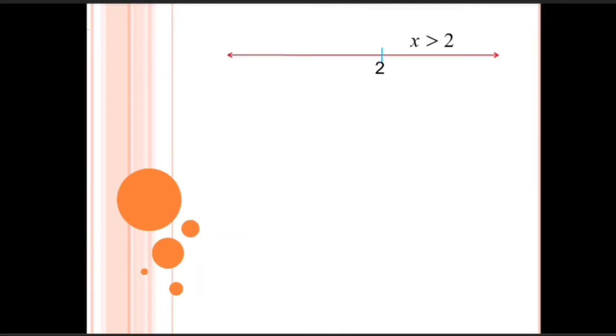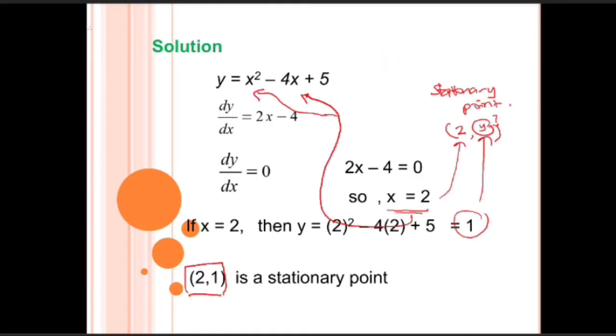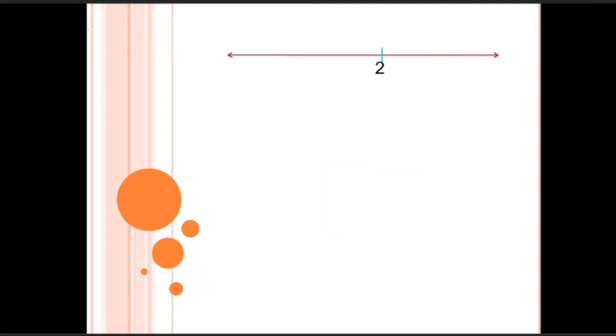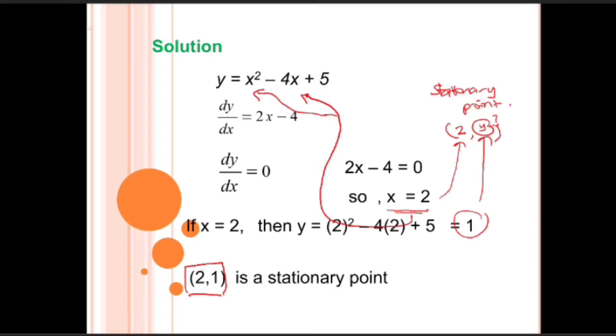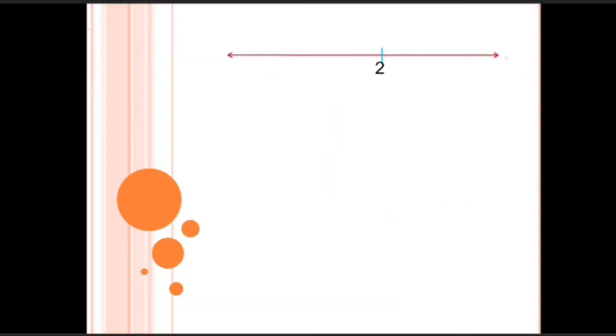Now we want to determine whether this stationary point (2, 1) is a maximum or minimum point. To determine, first step is to draw a number line. Make sure your number line is for the number x. And x here is 2. So try to imagine that this is like your x-axis. Plot your value of coordinate on that number line.